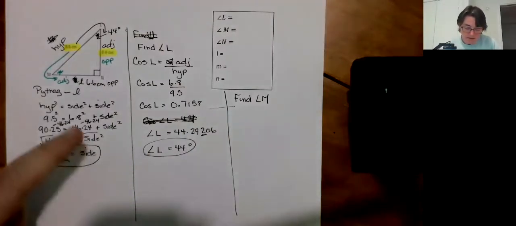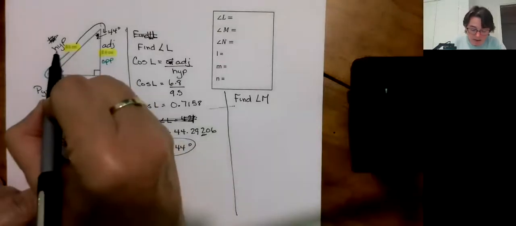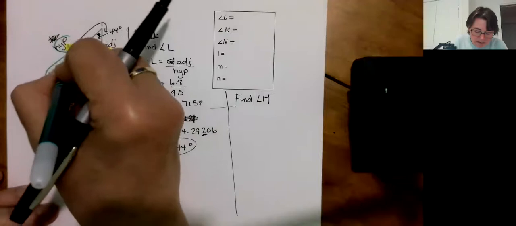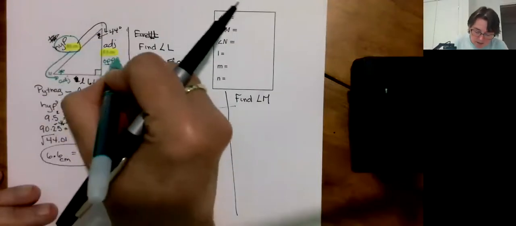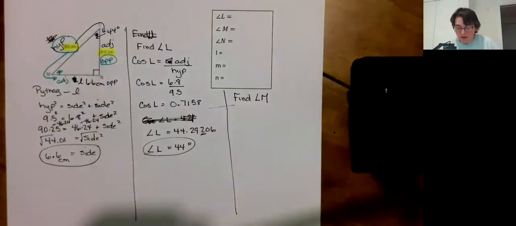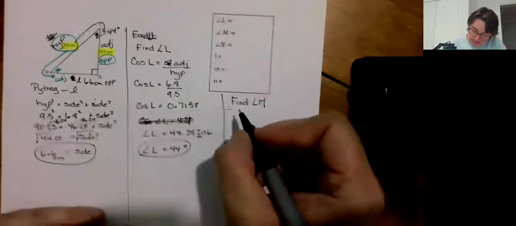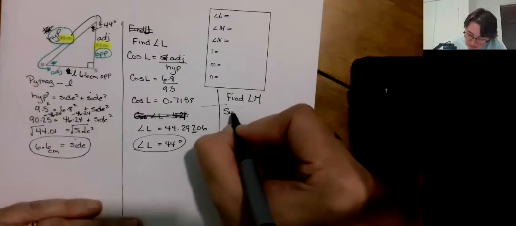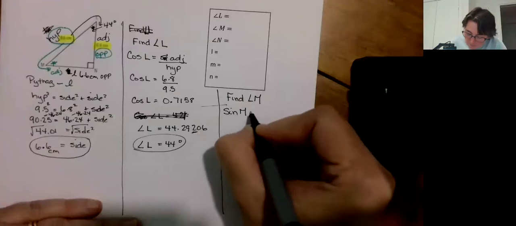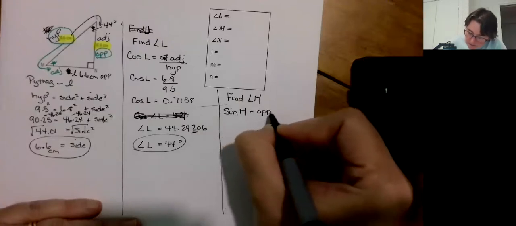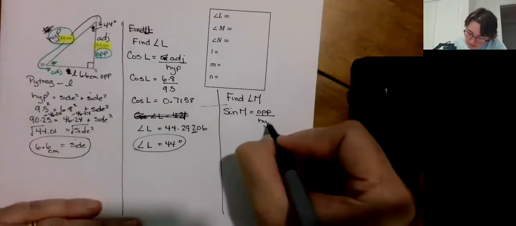So now I still know my hypotenuse because it doesn't change, but I know opposite. And hypotenuse and opposite is going to be sine. So sine M is opposite over hypotenuse.